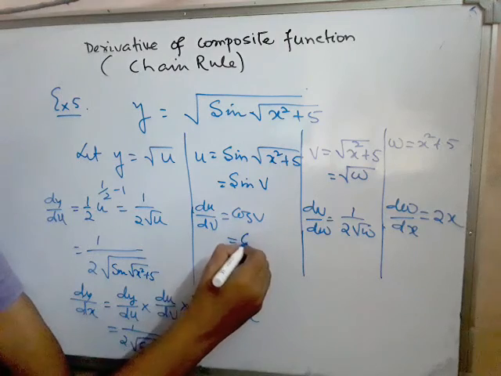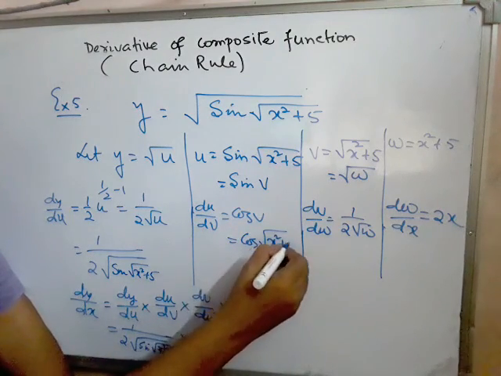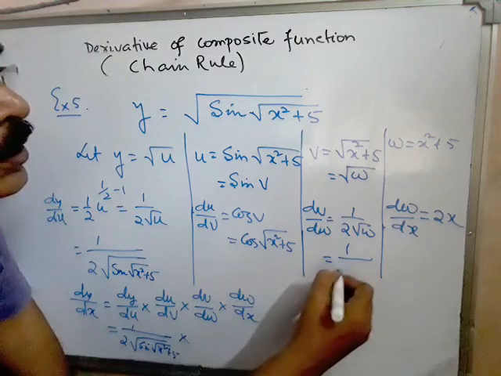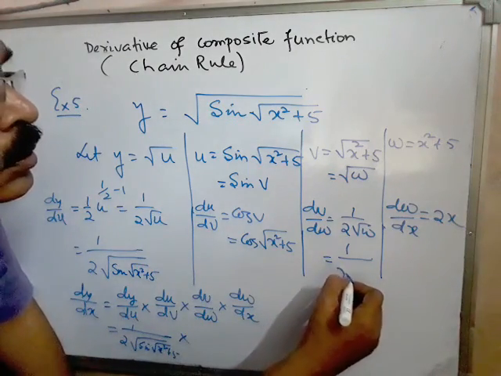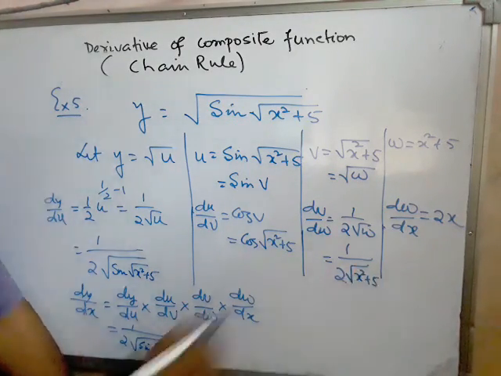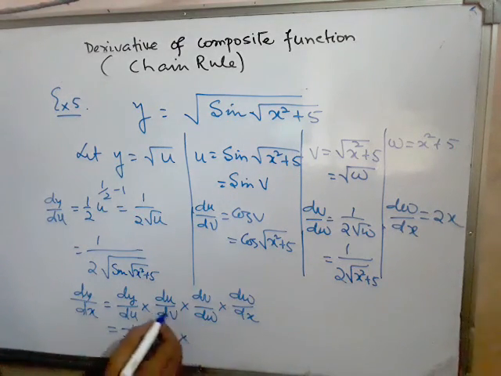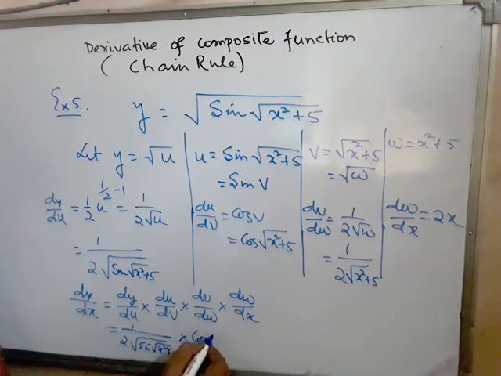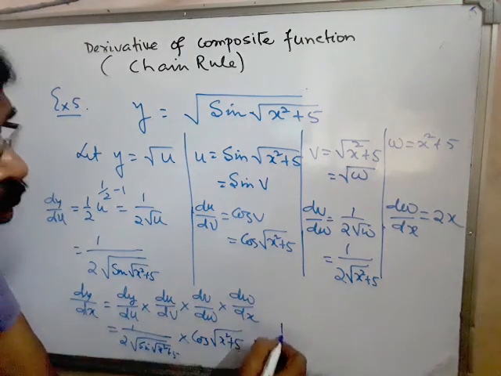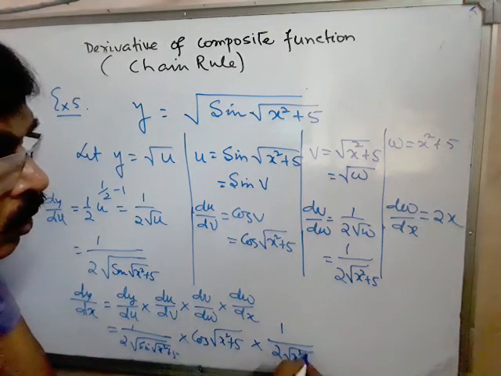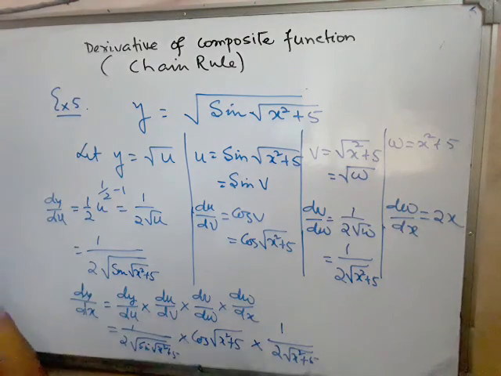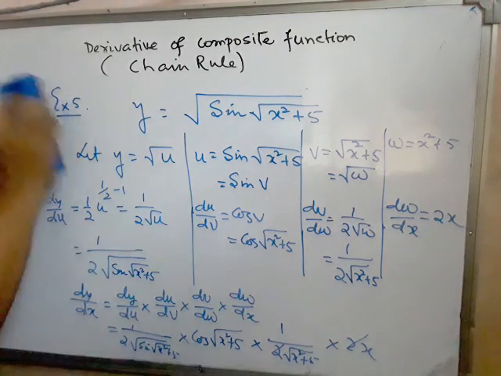V is root over x square plus 5. And here 1 by 2 root w into 2x. So the 2s get cancelled.